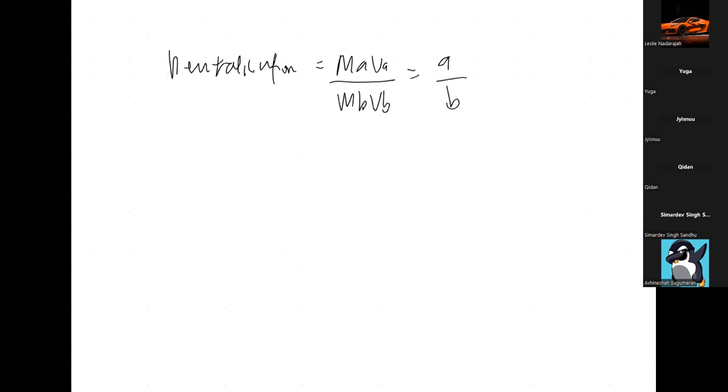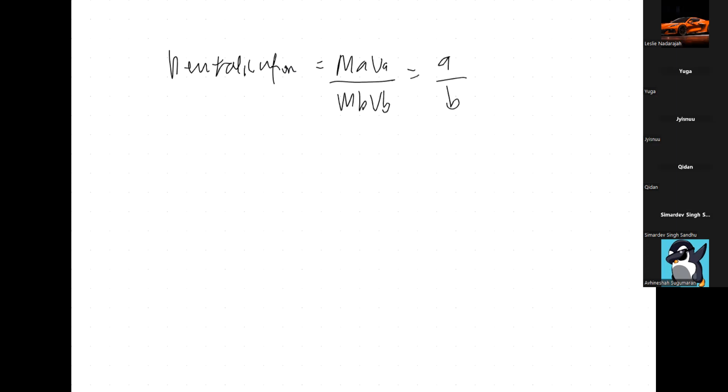Okay, so you must make sure. So neutralization, teacher is using MAVA over MBVB equals to A over B.